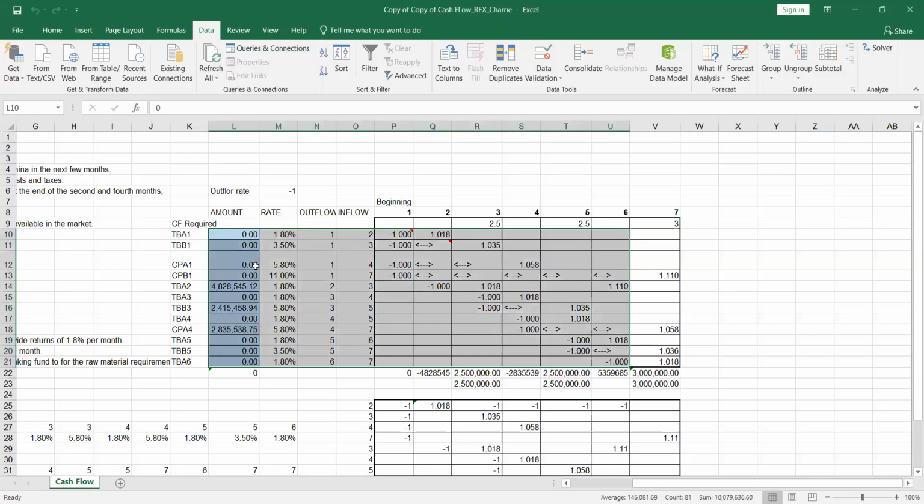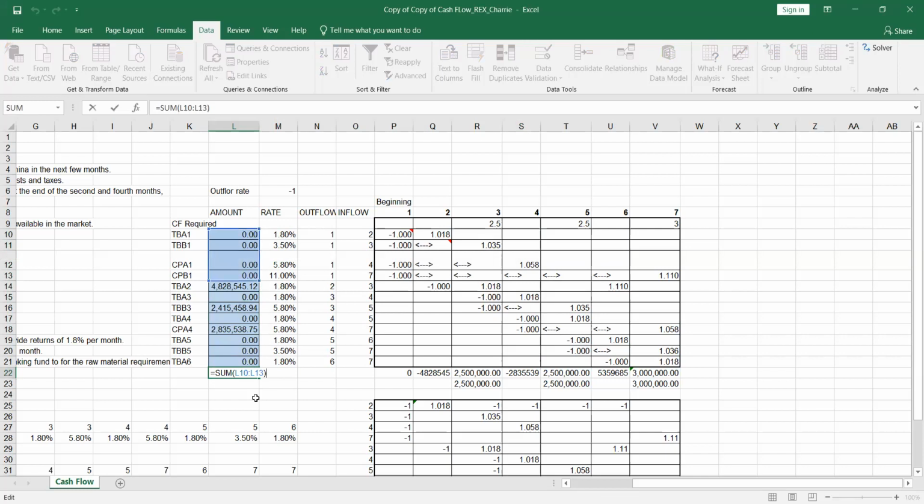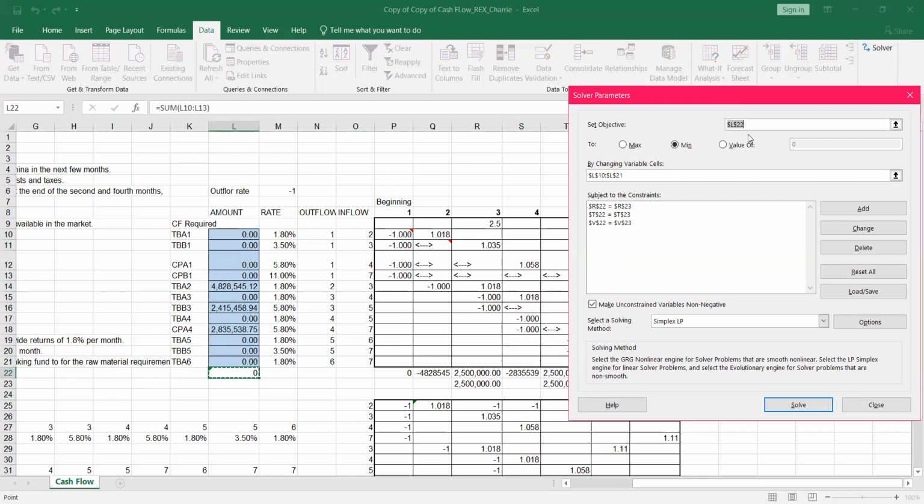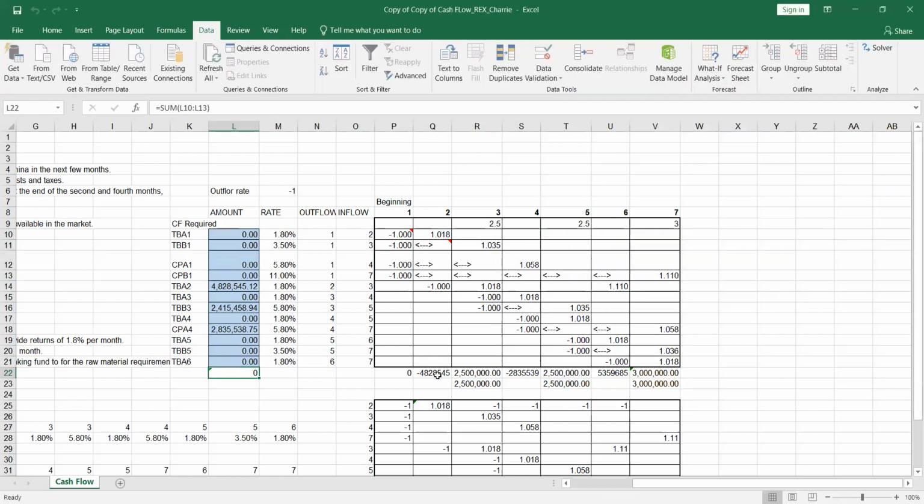Okay. Ito sir, so ito yung solution. Teka muna. Where's your objective function? Where's your initial investment? Ito sir, sum ng L10 to L13. Okay, minimize siya. Sige, check natin. May I see your Q22, yung formula.